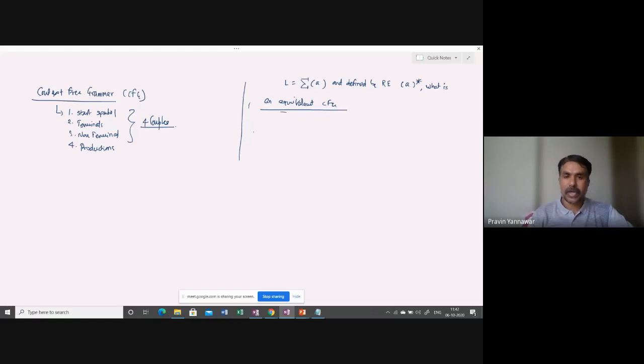If we look at A star, it means 0 or more occurrences of A, which means it contains epsilon, then it contains A raised to 1, A raised to 2, A raised to 3, A raised to 4, A raised to 5, and so forth, A raised to n, where n goes from 0 to infinity.